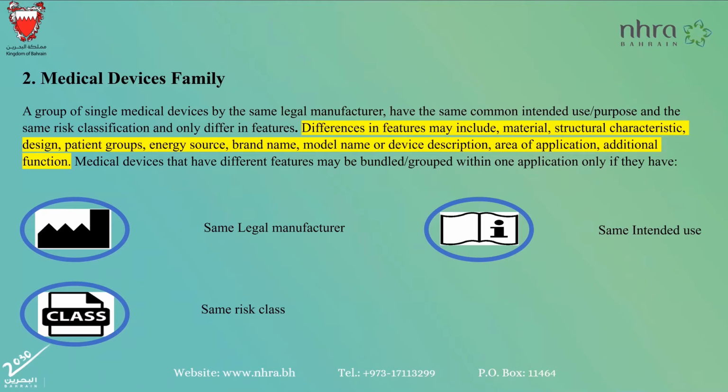Also, surgical instruments that have their intended use to grasp or hold can also be bundled together. So the tissue holding forceps and the bone holding forceps, for example, can be bundled together in one application. But you cannot bundle surgical instruments with different intended use together.